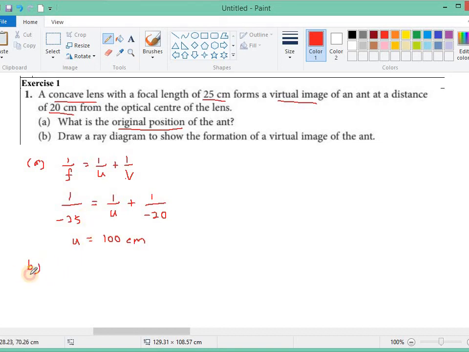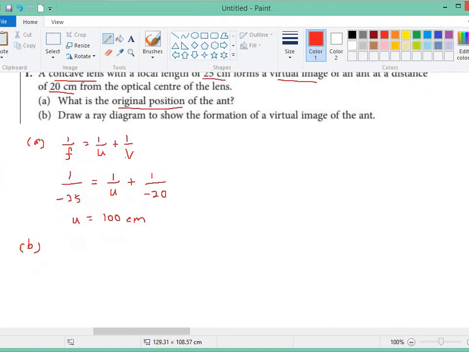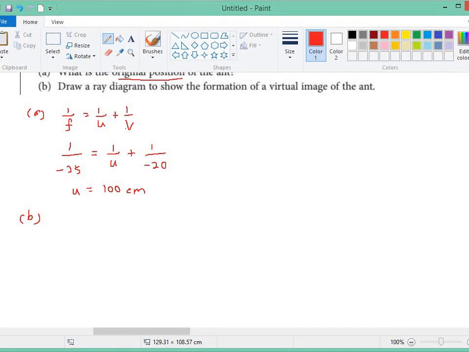Next, draw a ray diagram to show the formation of a virtual image of the end. In SPM, if they ask you to draw a ray diagram, all you need is just use your ruler and pencil, and draw. If it comes out in the question, they are not going to provide you with graph paper. So you just draw on a white piece of paper.